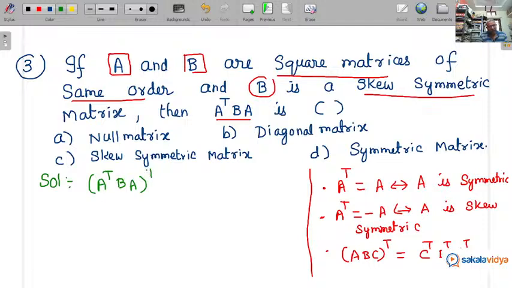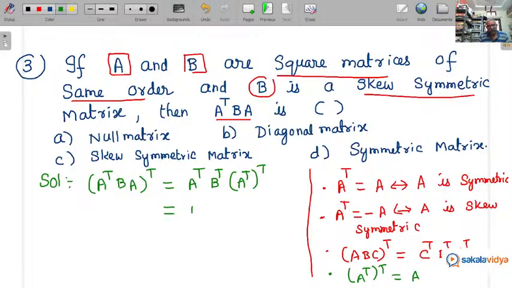Reversal law: A transpose, B transpose and A transpose whole transpose. And one more property, remember my dear students, properties of transpose: A transpose whole transpose is A.